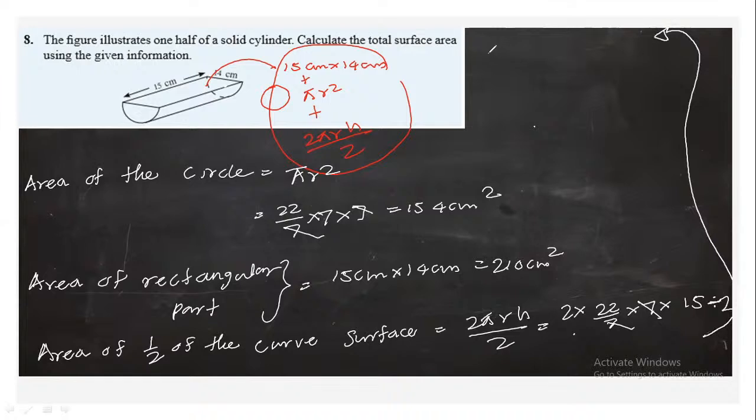So here we can write 2 into 22, 44. 44 into 15, and the division by 2 gives 330.